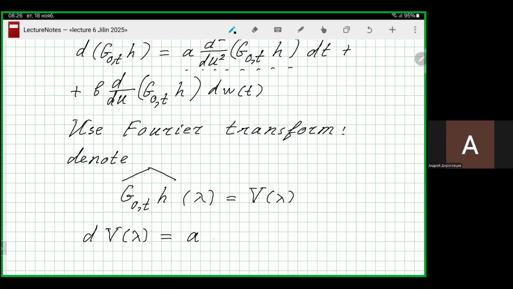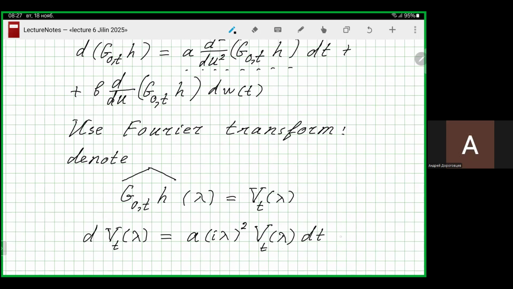You remember from the course of analysis that it is equal to imaginary unit i multiplied by lambda square and multiplied by v. The Fourier transform of a derivative is just a multiplication. It depends on t, and we don't show the dependence on t here, but maybe it is good to put it here.